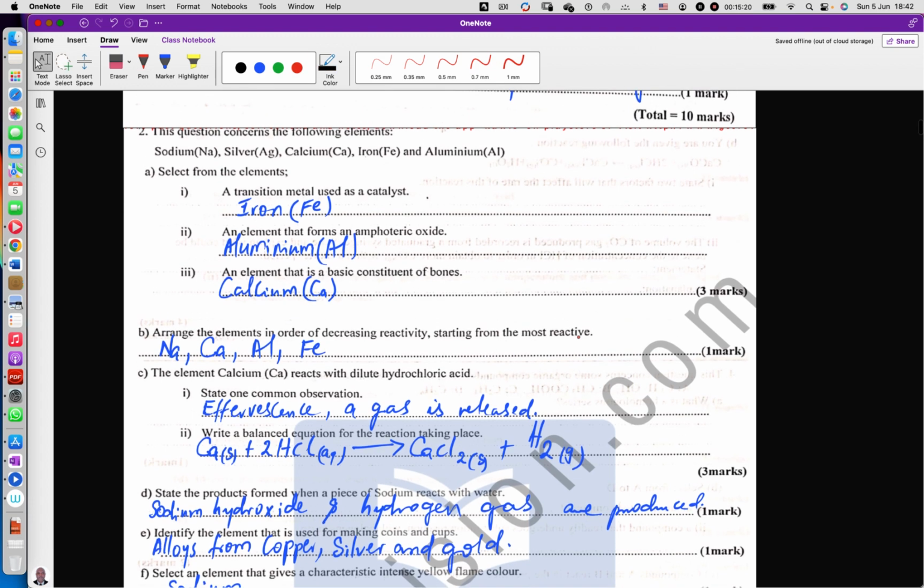If you look at the elements here, sodium, silver, calcium, iron, and aluminum, you will see that the most reactive is sodium. This is followed by calcium, and this is followed by aluminum.